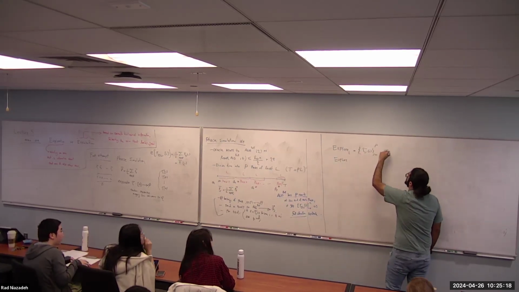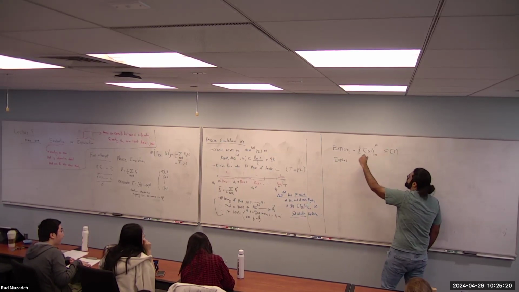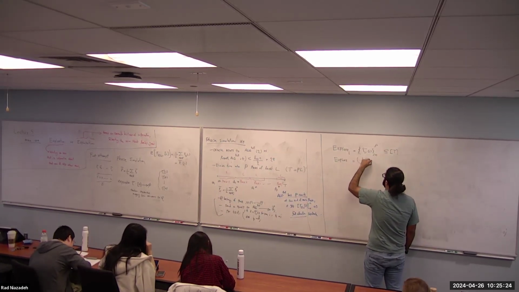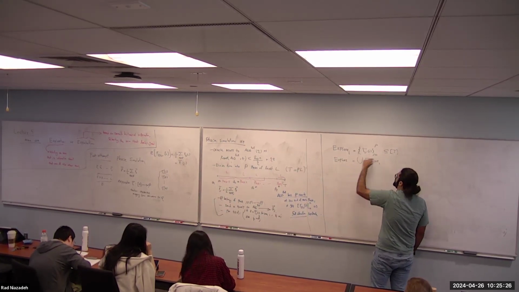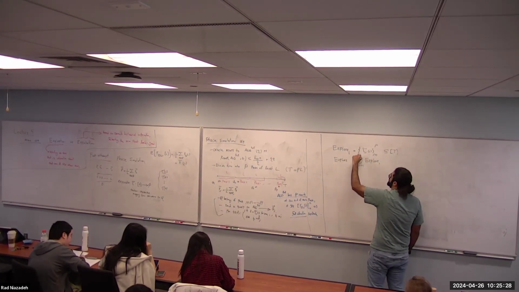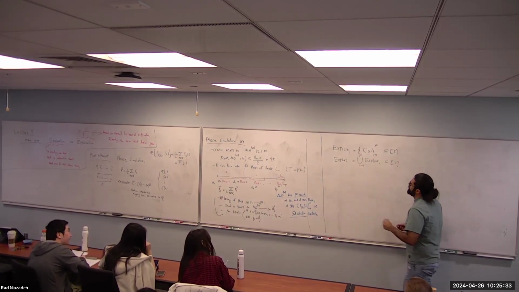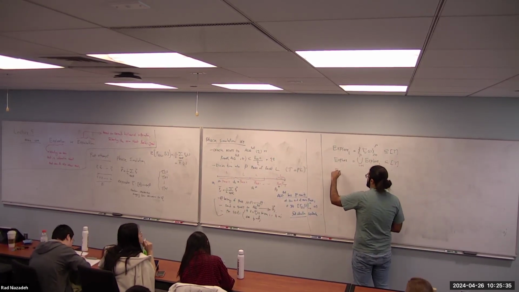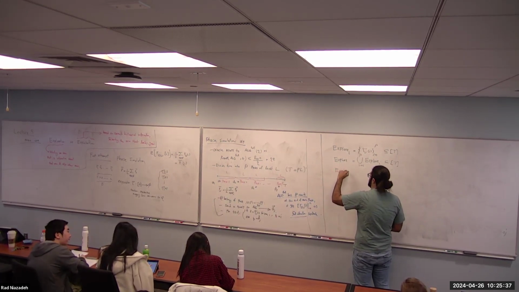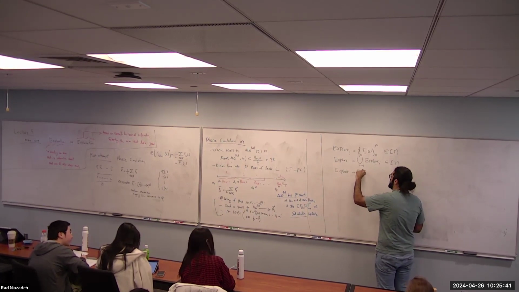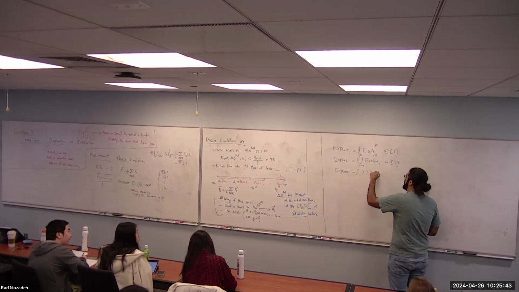This is a subset of 1 to T. So Explore is going to be the union of all these Explore I's, I from 1 to P, again a subset of 1 to T. And then I'm going to define Exploit to be basically all other rounds: capital T minus Explore.